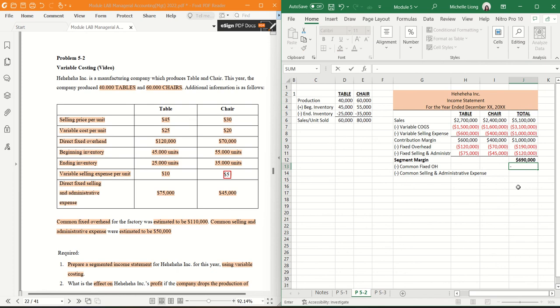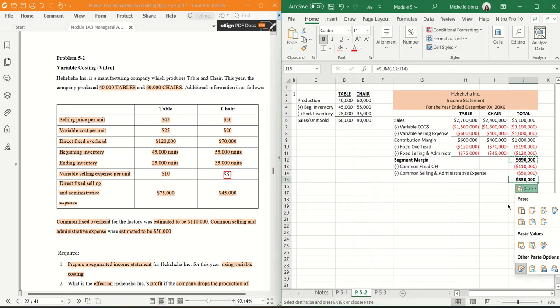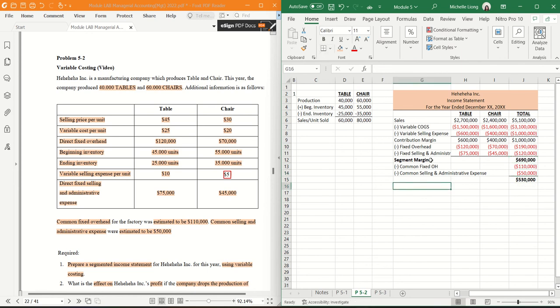This one is 110. This one is 50,000. And you need to add three of them. And then we get the operating income.